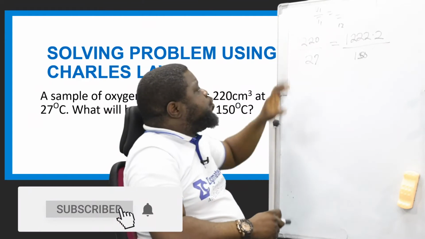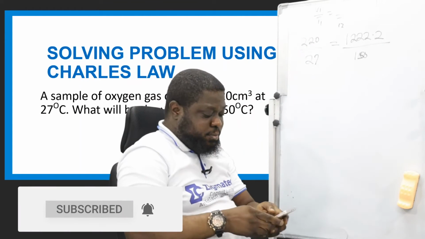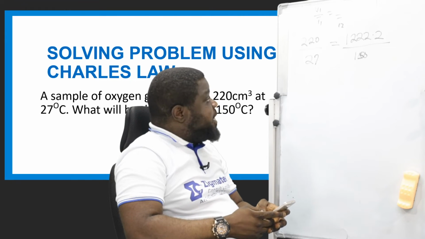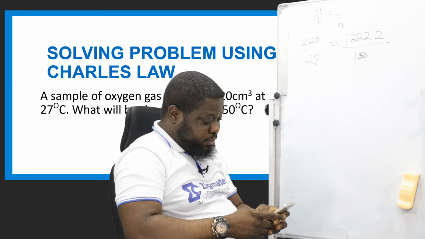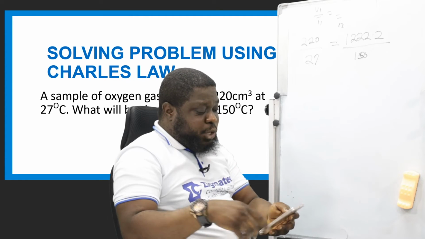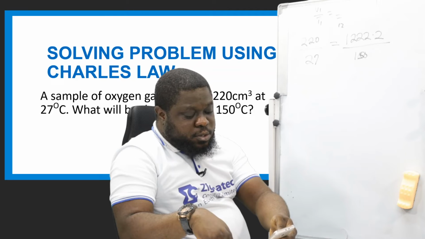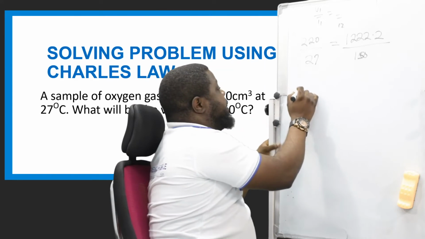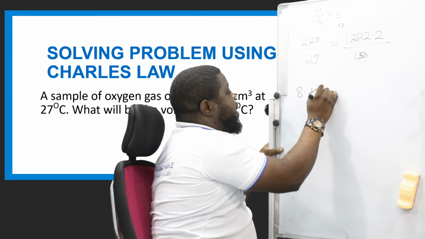If you do 220 divided by 27, it will give you 8.148.